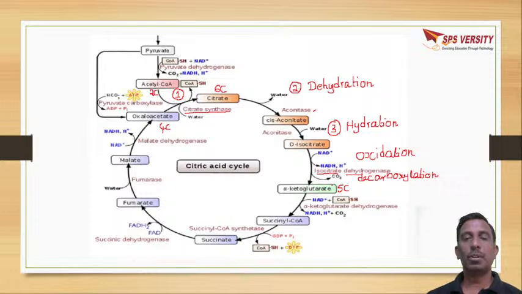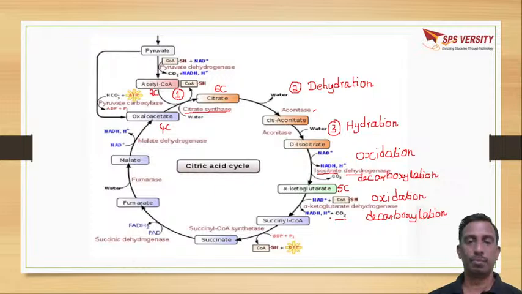This alpha ketoglutarate, a 5-carbon compound formed from isocitrate, also undergoes oxidation, removal of H2, and decarboxylation. Due to oxidation, it will form NADH2, and due to decarboxylation, it will release CO2.